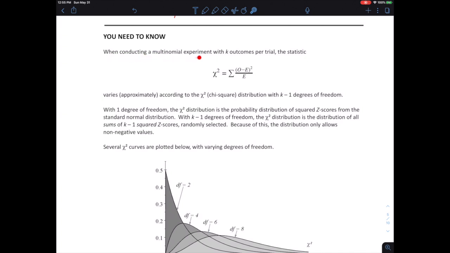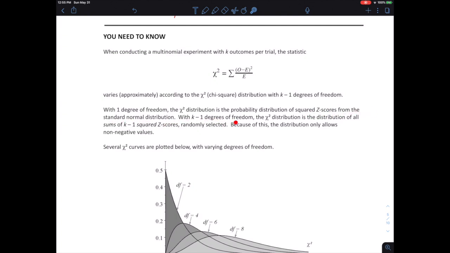When conducting a multinomial experiment with k outcomes per trial, the chi-square statistic varies approximately according to the chi-square distribution with k minus 1 degrees of freedom. With 1 degree of freedom, the chi-square distribution is the probability distribution of squared z-scores from the standard normal distribution.